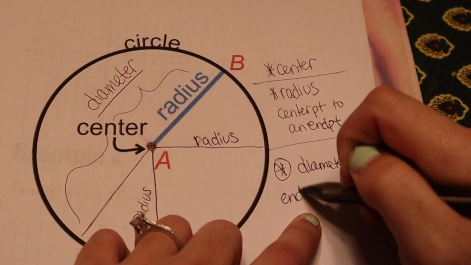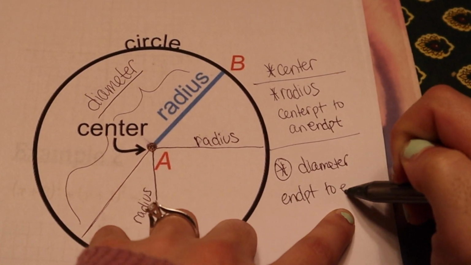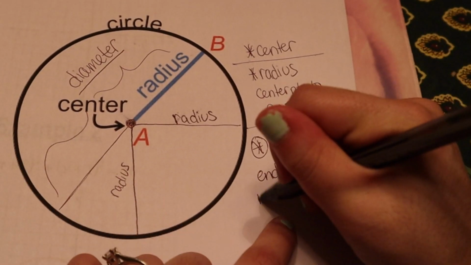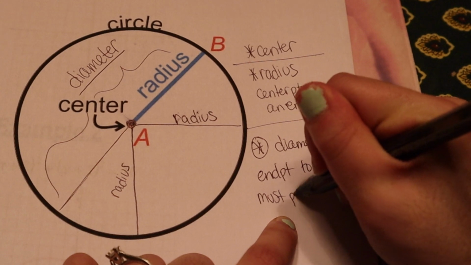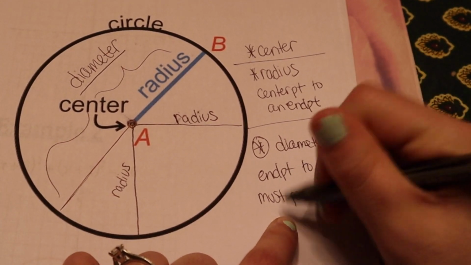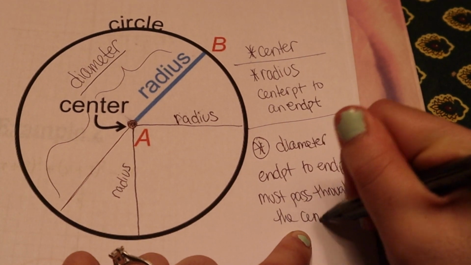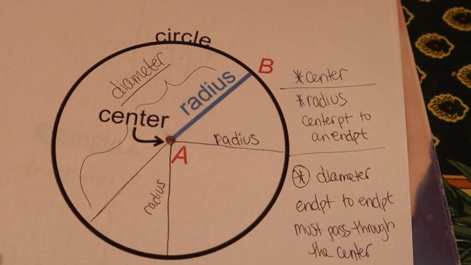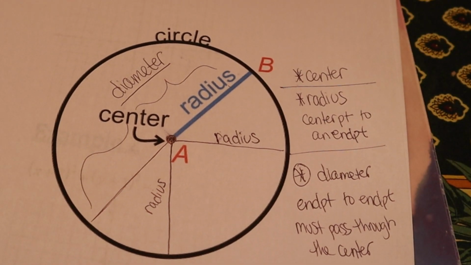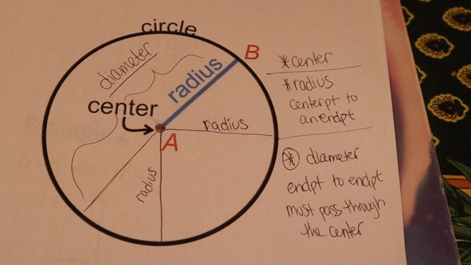It goes end point to end point. Okay? And the important thing about the diameter is it must pass through the center. Okay, so if I drew a line and it was like this, that would not be the diameter because it doesn't pass through the center of the circle. That has a different term, but we'll learn about that later on.